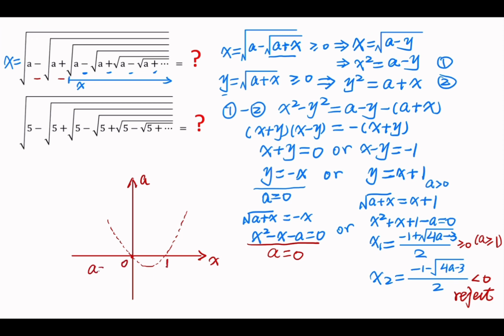So when a equals 0, x equals 0. And then the second equation is going to look like this. And then here is 1. So we're going to use this part of the curve when a is greater than 1.